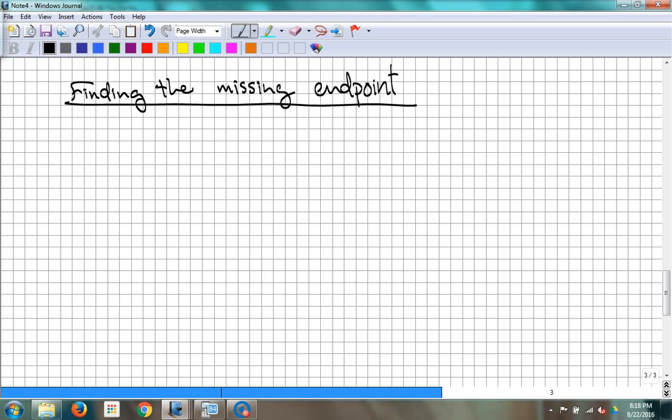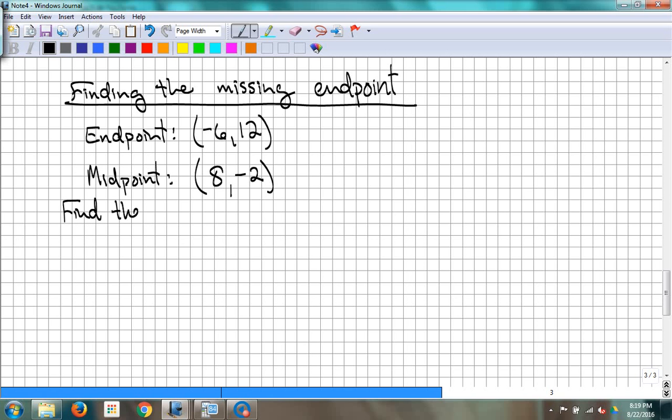So taking it from just plugging into a formula to actually applying the formula to get somewhere with it. If they give you one endpoint and the midpoint, which is what they're going to have to give you for you to do this, they're going to say, okay, endpoint -6, 12, and a midpoint of 8, -2. Find the other endpoint.